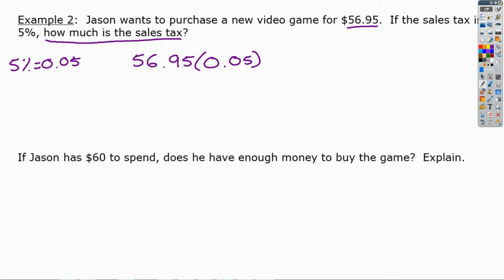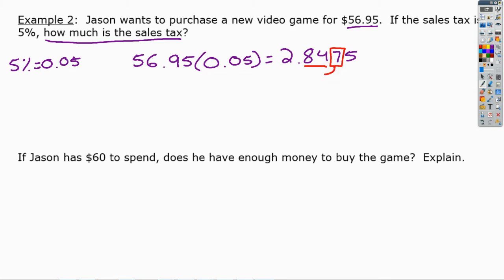If you go ahead and do this, you're going to get a number that we're going to need to round. I got 2.8475. And while that's the right answer, if we're talking about money, we only ever want to go to the hundredths place. So we got to look. We only want 2 numbers after the decimal. So we got to look at that third number.